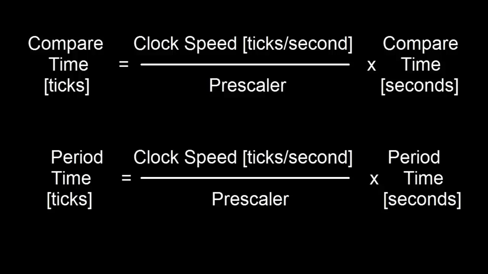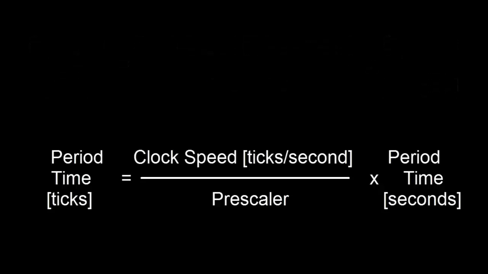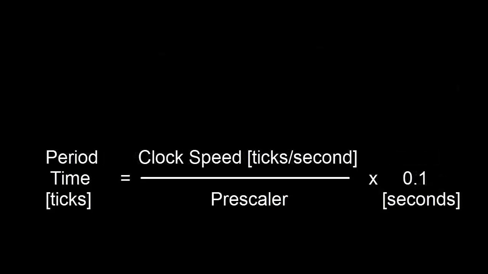Let's figure out what the period is first. We plug in the value 0.1 for the period time. We don't know what the period time in ticks is yet, and we also don't know what the prescaler is.